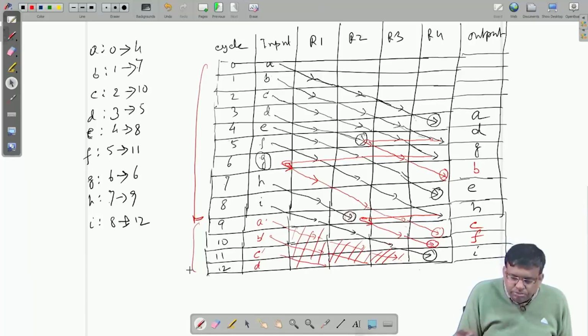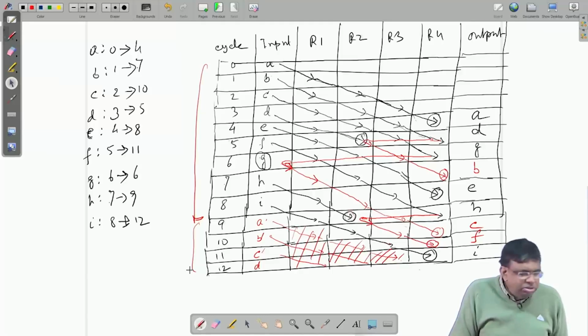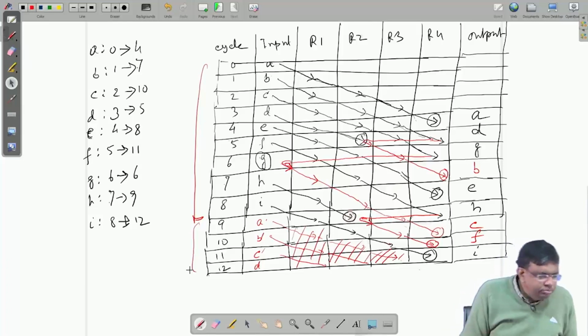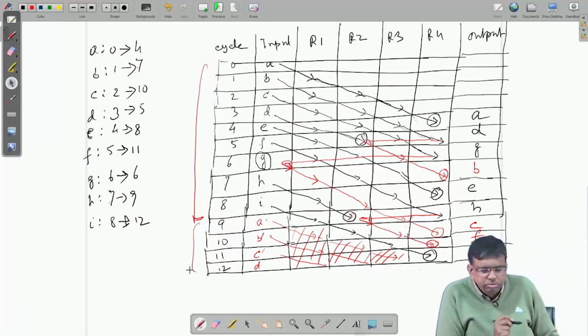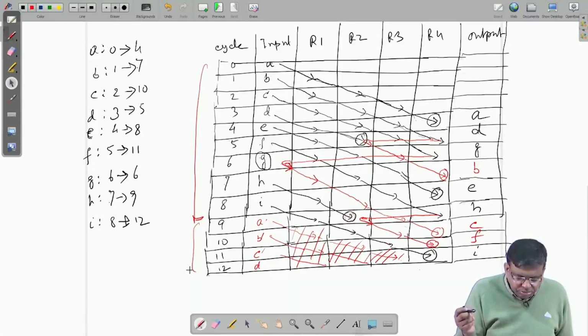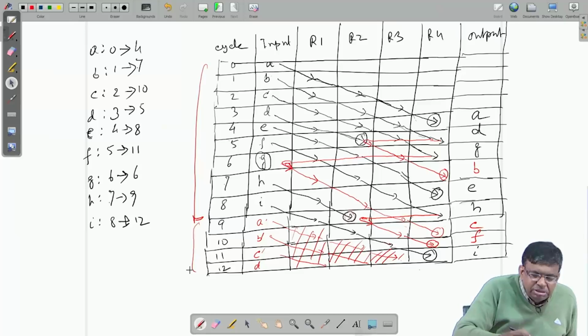Okay. If this be, then how to have a circuit for it? Let me see, I am in need of some space.